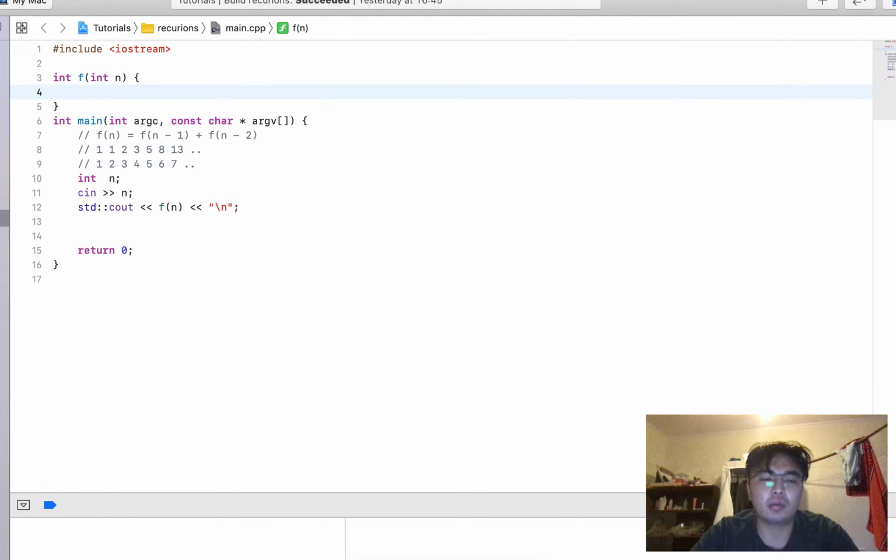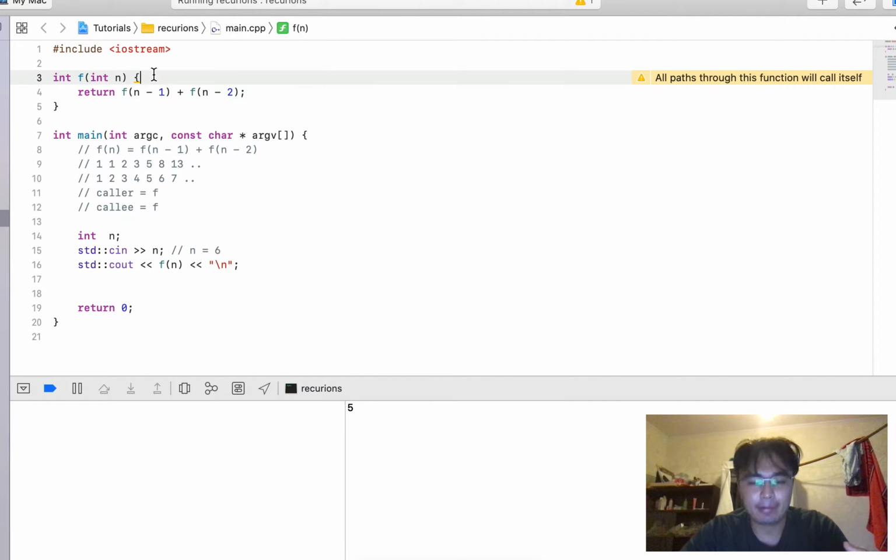But another issue in this problem is that if you right now try to run this program, it will not stop, and it will crash at some point. Why is that? Because it will call the same function itself again and again forever.